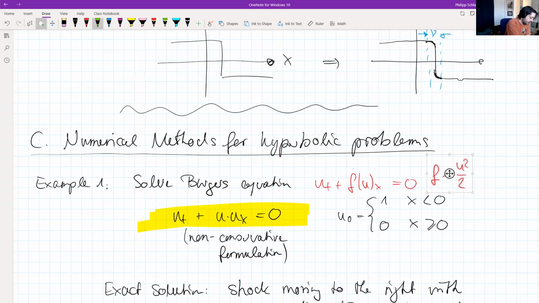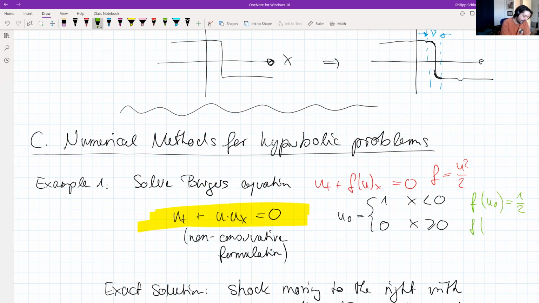So here, my flux for the situation when x is lower than 0, I can write f of u0. This flux would be 1 squared divided by 2, so this would be 1/2.